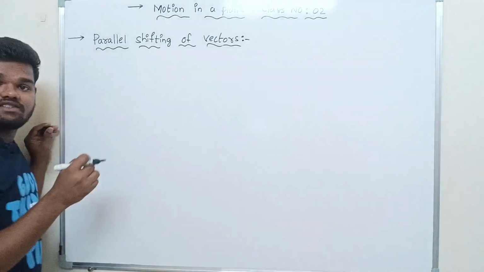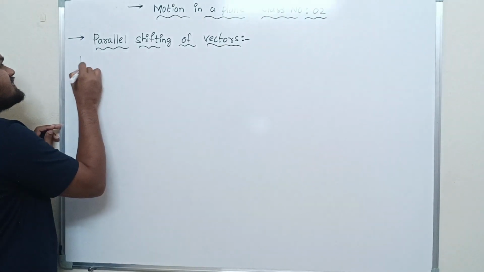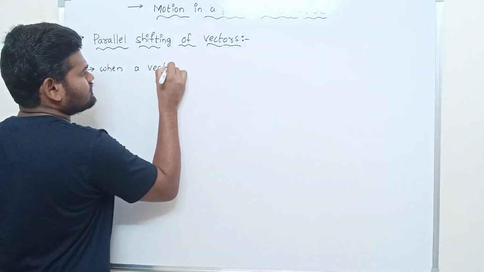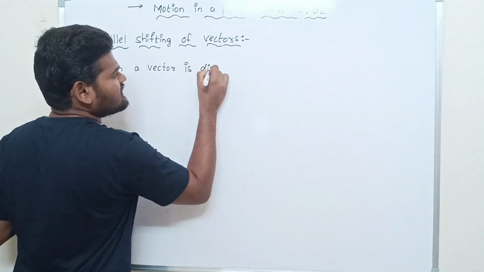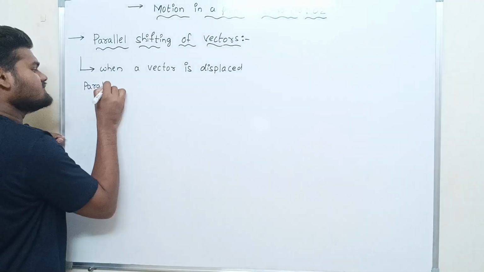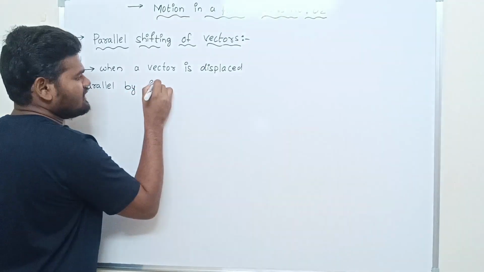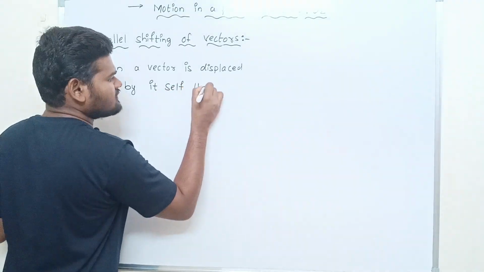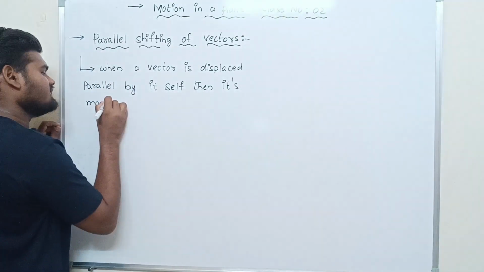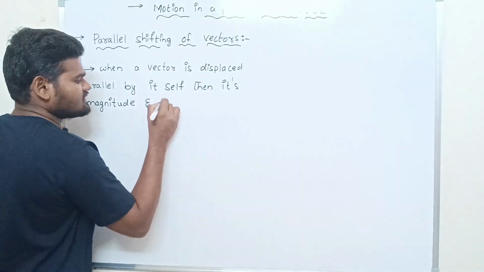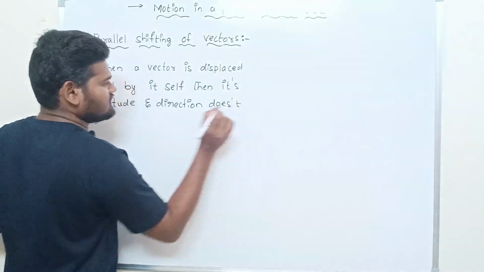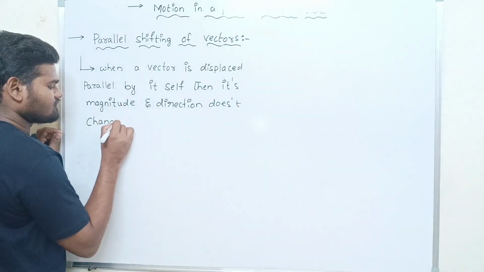Have a look. Parallel shifting of vectors means when a vector is displaced parallel by itself, then its magnitude and direction do not change.